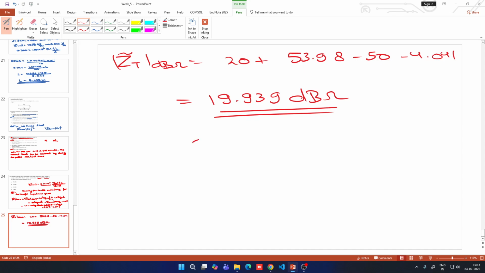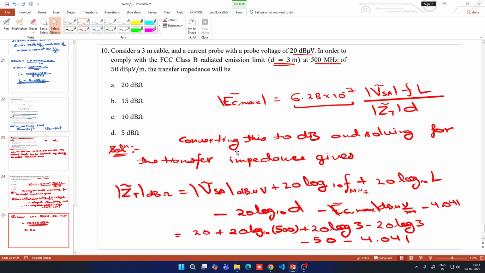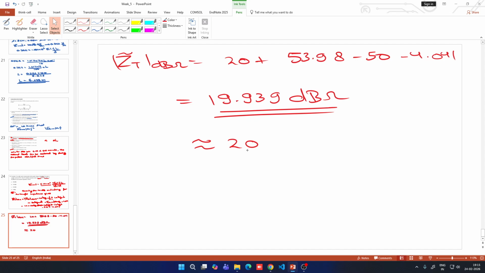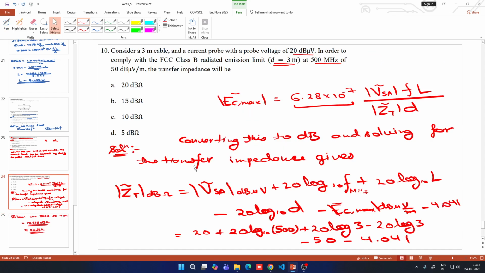So this is approximately, because options are not in decimal numbers, they are given as whole numbers, like 10, 15, so the nearest whole number is 20 dB ohms. So when we match it with the given options, the correct option is option A.